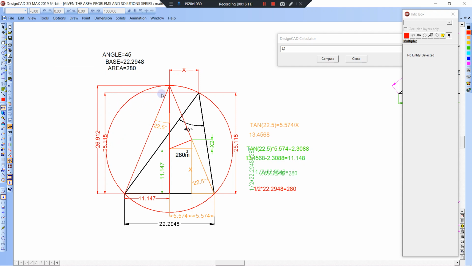And then we can solve for this dimension right here, 26.912 minus 25.118. We'll get 1.794.